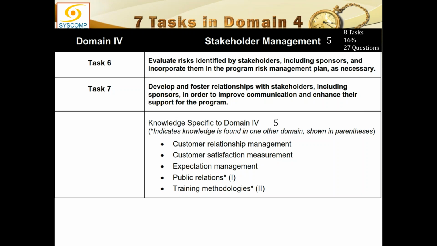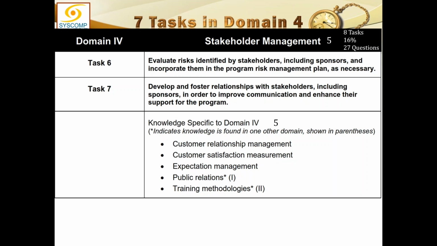Task number 6 is evaluate the risks identified by the stakeholders, including sponsors, and incorporate them in the program risk management plan. So we are also creating the risk management plan of the program, and therefore we will interact with the stakeholders. Normally, the best source of the risk are the stakeholders. They can educate us a lot.